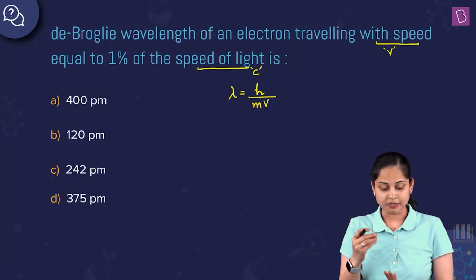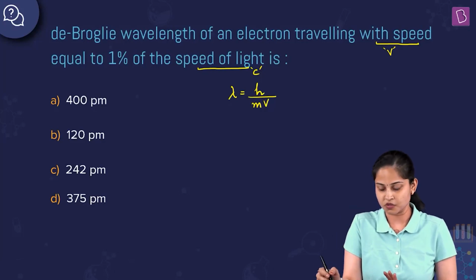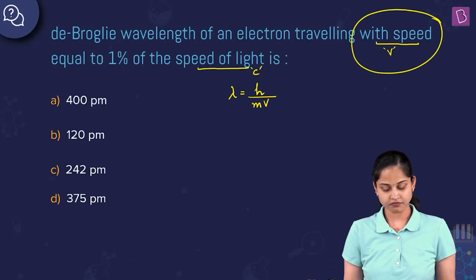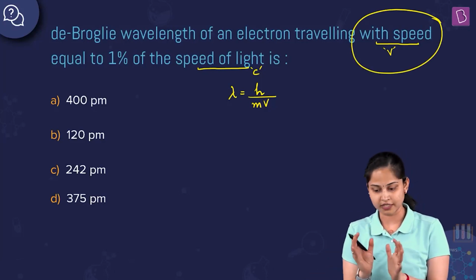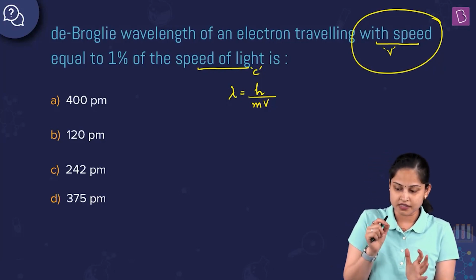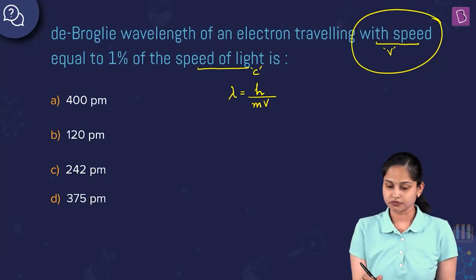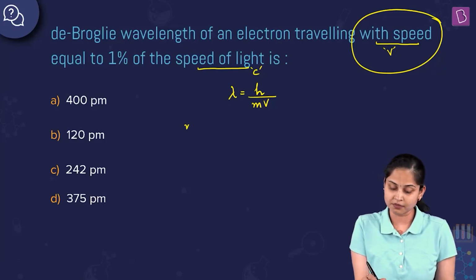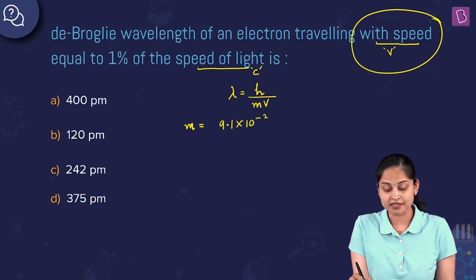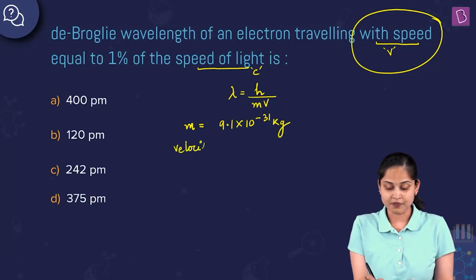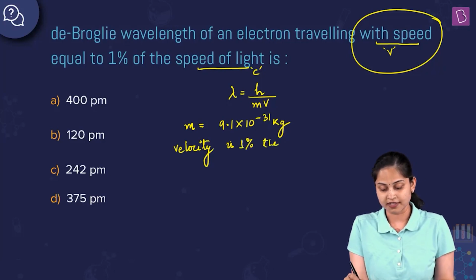Clear? That means speed, or the velocity of the electron. So first of all, the mass of an electron is equal to 9.1 into 10 raised to power minus 31 kg, and the velocity is 1% the speed of light.